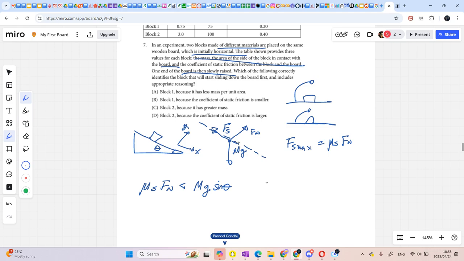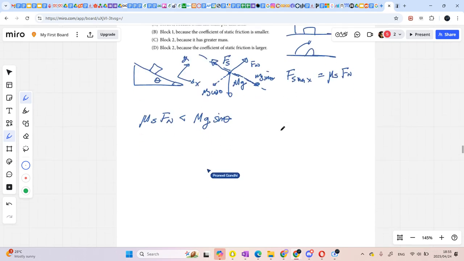So if we make a component of that gravity, we're going to have mg sine theta. That's not part of the free body diagram, that's just the component. We're going to have mg cosine theta acting in the other direction. That's directly opposite of the normal force. The normal force ends up becoming less and less as we incline the plane.